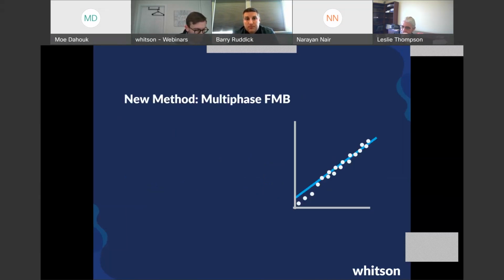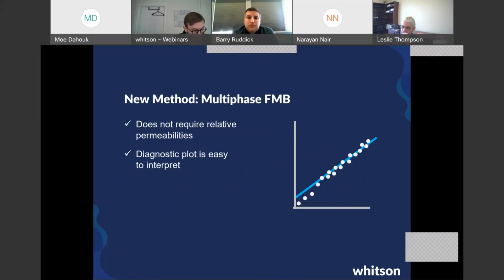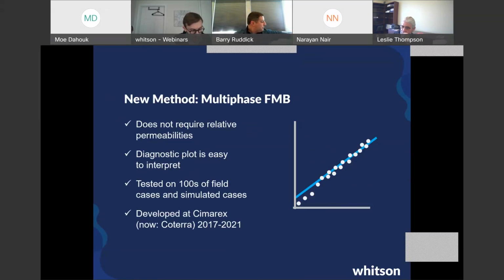This new method does not require any relative permeabilities, has a diagnostic plot that's easier to interpret, and is field tested on many cases and verified against full physics numerical simulation cases. It's technology that's been developed at Simrex since 2017, and now Simrex, after the merger with Cabot, is called Coterra.